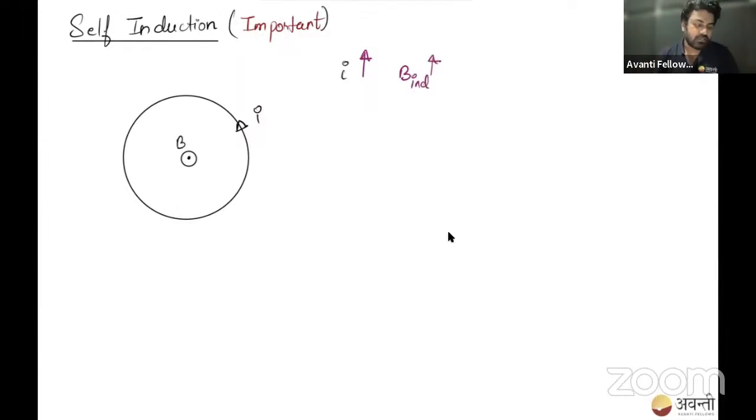Now, if this induced magnetic field increases, the flux due to it increases. This is not the original flux, it is the flux from the induced magnetic field.